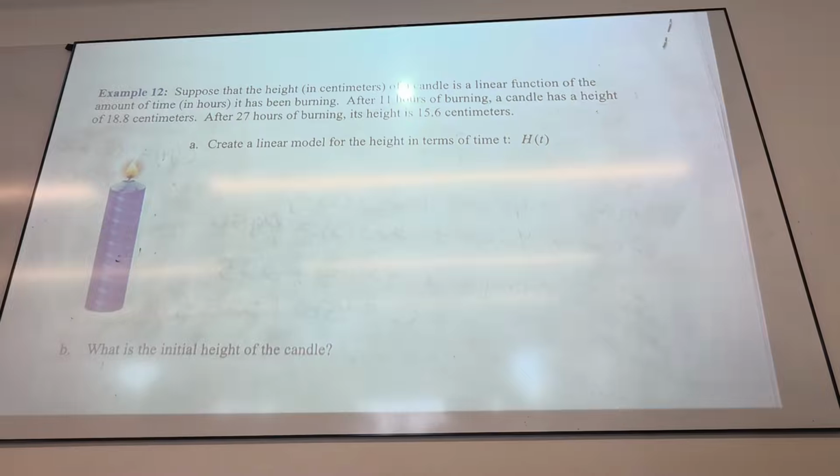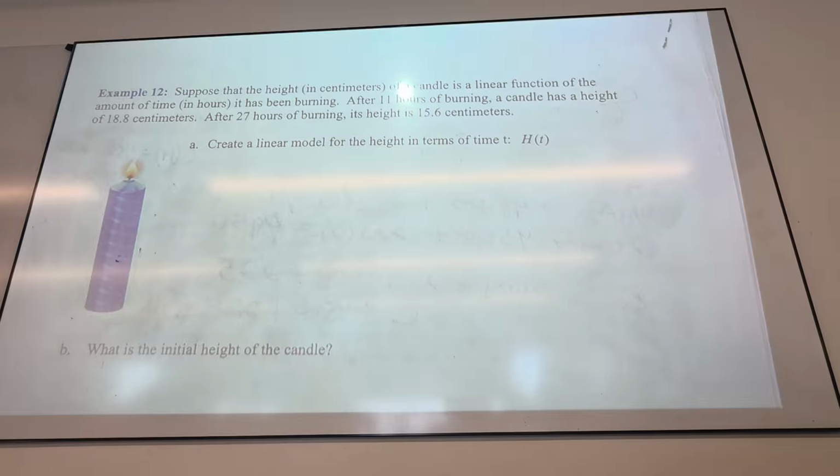So do you see 2 points of information? Time is like the x, height is like the y. So what's 1 point of information they told us? Is there a time and a height that go together?